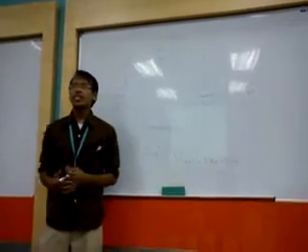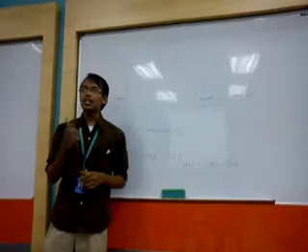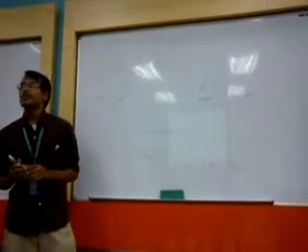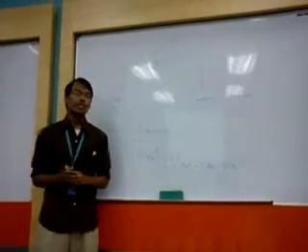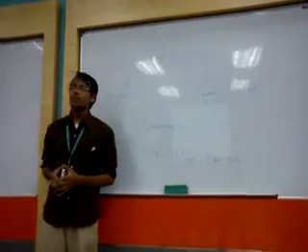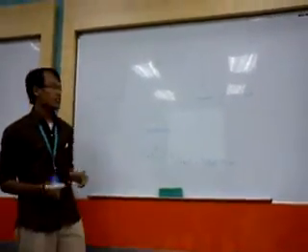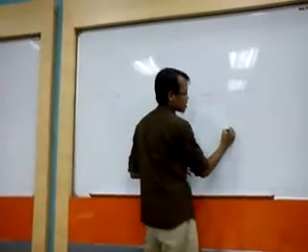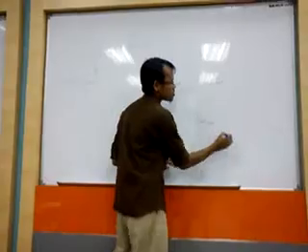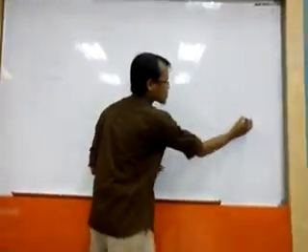So the net work can also be determined from the heat transfer data alone. For a closed system undergoing a cycle, the change in internal energy, delta U, is 0, and therefore the net work output of the system is equal to the net heat transfer to the system, which is W net out is equal to Q in minus Q out.